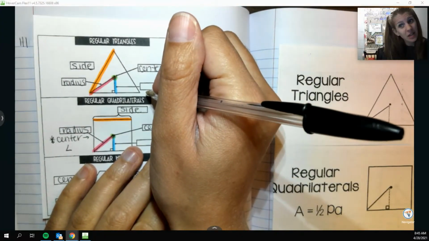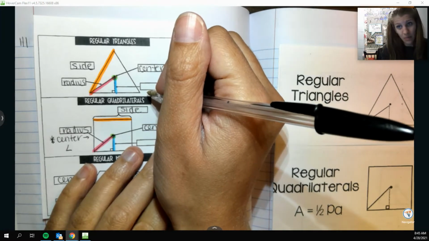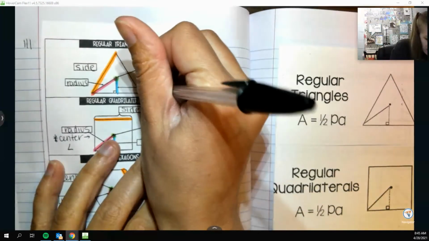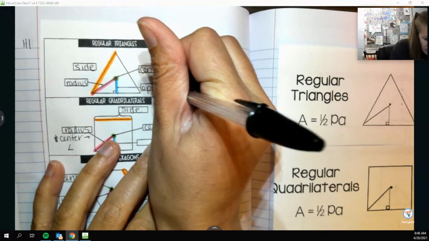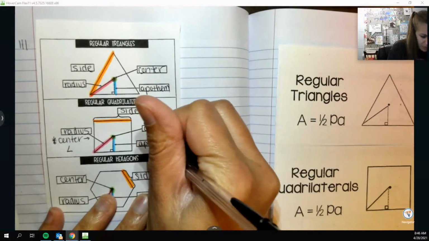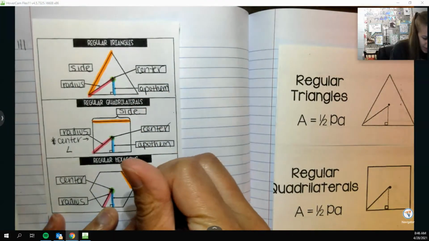It kind of sounds like you're saying a possum with a lisp. Apothem. So the apothem is a height, and I'm going to make this note down here.